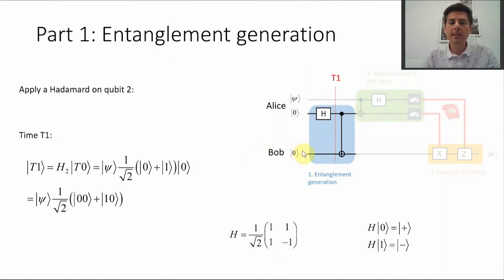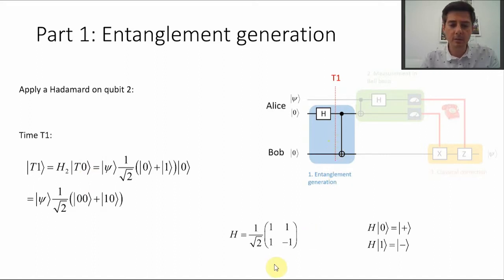The first step is to apply a Hadamard gate on the second qubit, which is held by Alice. To work out the state at T1, we apply a Hadamard gate on the initial state T0, and that will get us the state at T1.